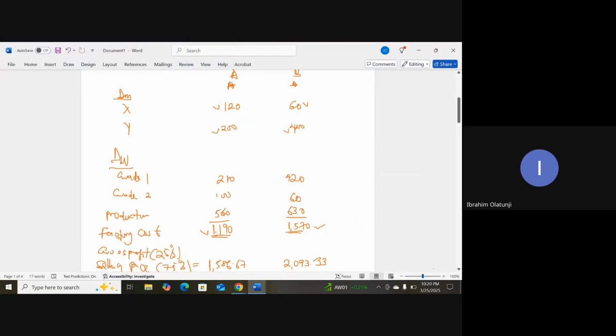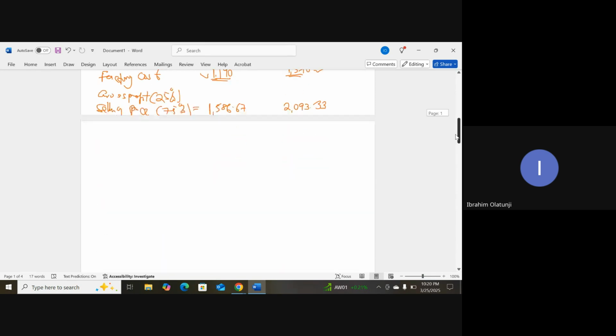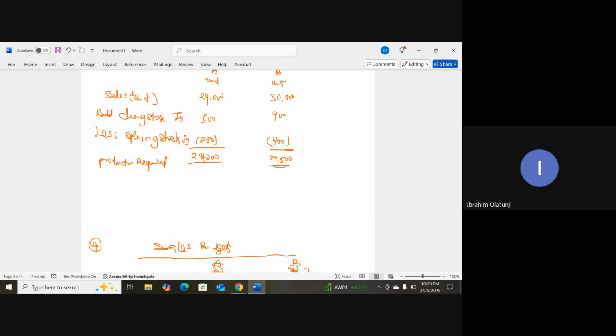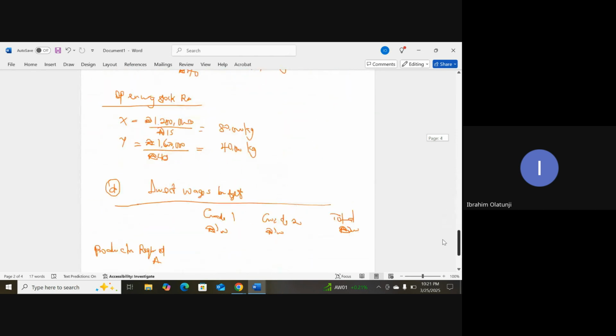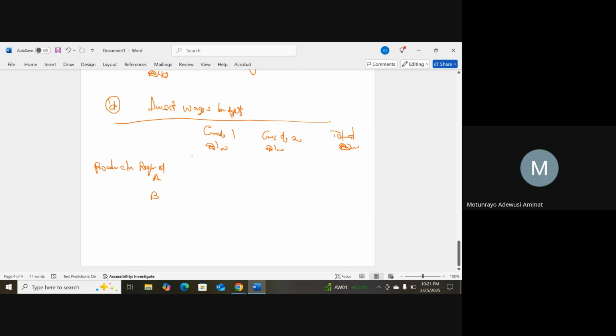So 24,300 of the production required multiplied by that 210 for product A, if the labor on grade 1 works on product A. So what do you have? 5,103,000.